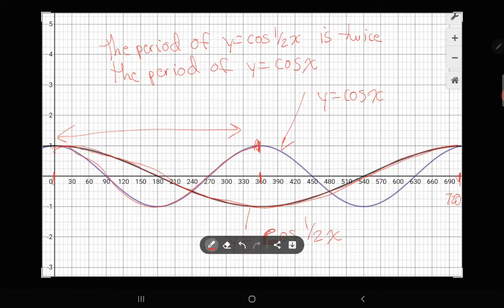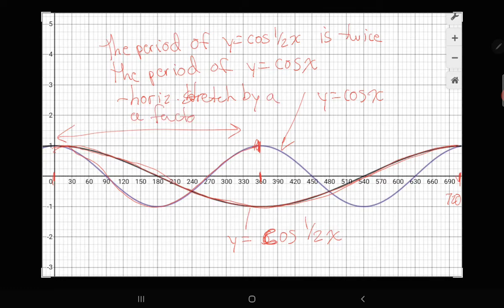And so what we call this now is a horizontal stretch. This is a horizontal stretch by a factor not of 1/2. What's really happening is we're getting a doubling effect. So a horizontal stretch by a factor of 2. So everything to do with the k value, it's opposite.